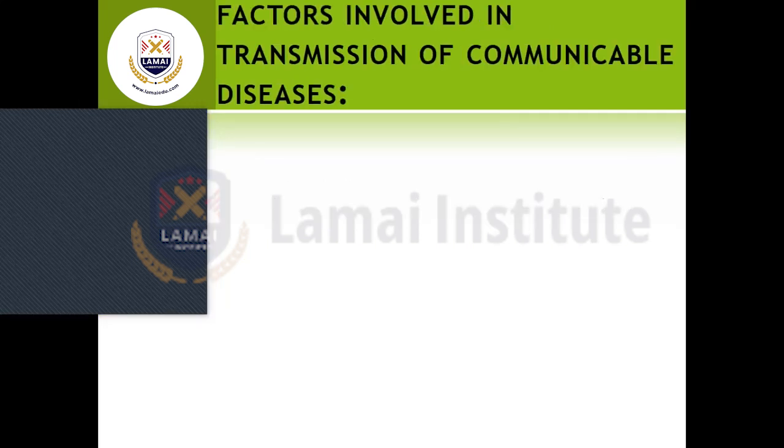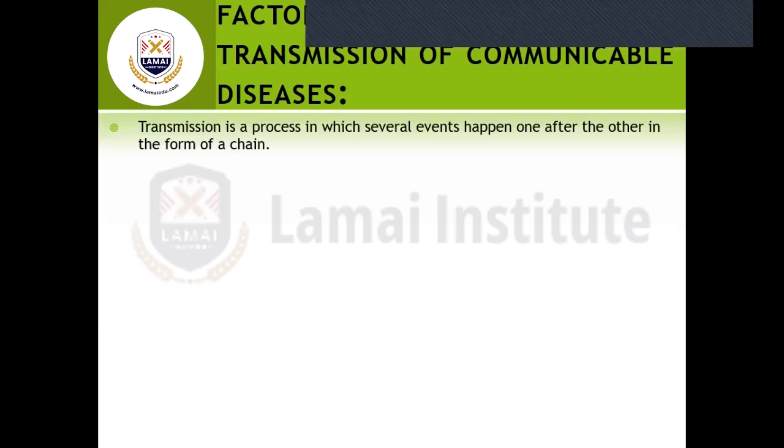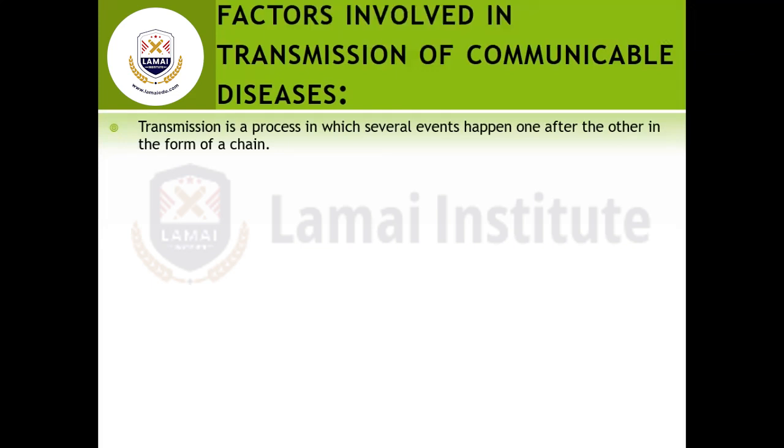We also want to highlight the factors involved in the transmission of communicable diseases. The transmission of a communicable disease is the process in which several events happen one after the other in the form of a chain. It is a transmission chain where a number of things need to happen one after the other.